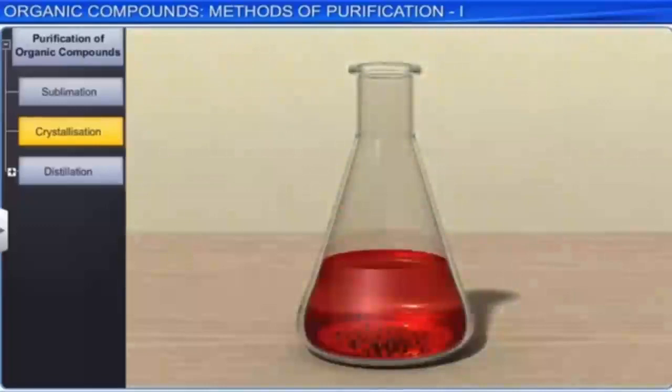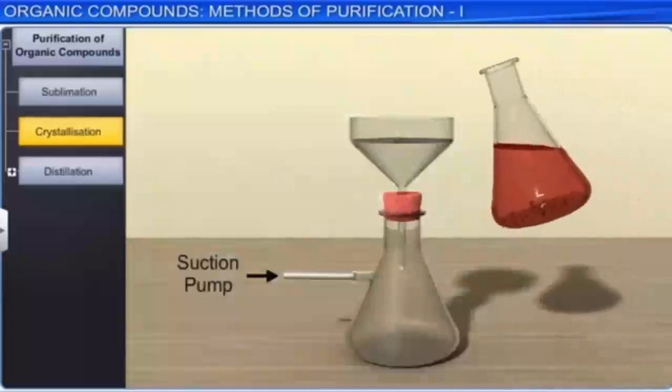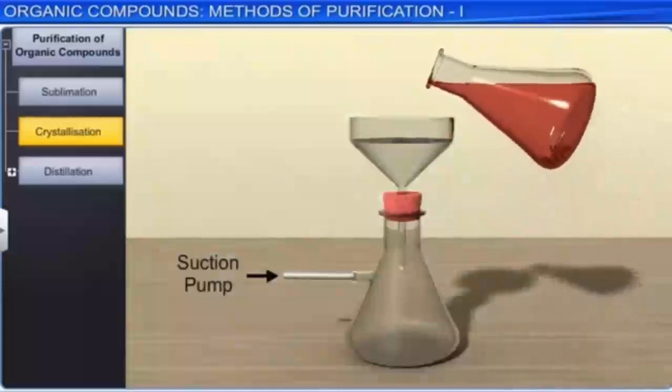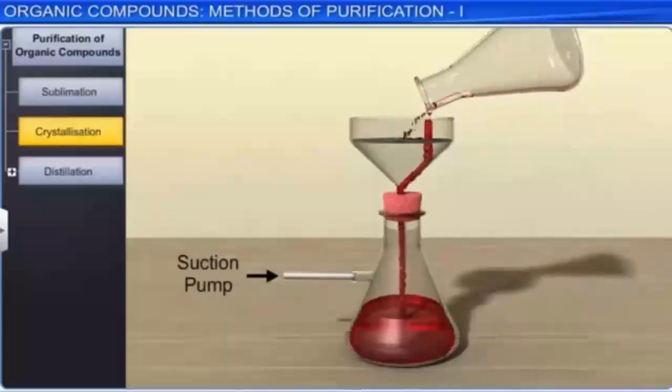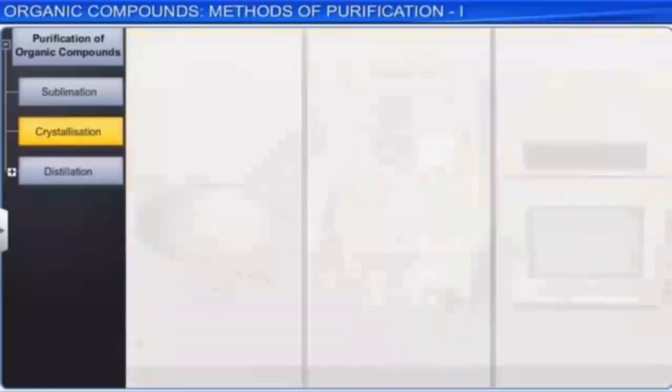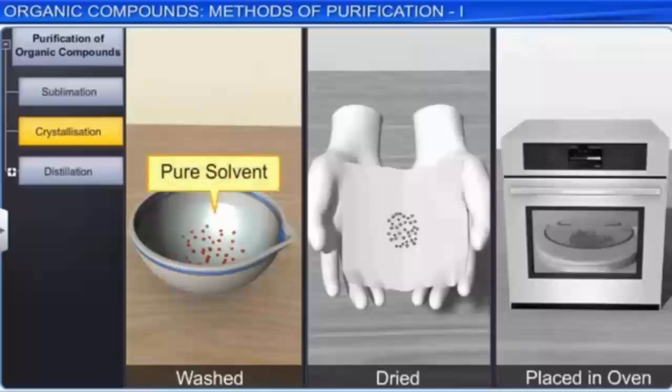The crystals are separated out from the filtrate by the filtration technique. The crystals are washed once or twice with small quantities of the pure solvent and dried by pressing between the folds of filter paper and then placed in an air oven.